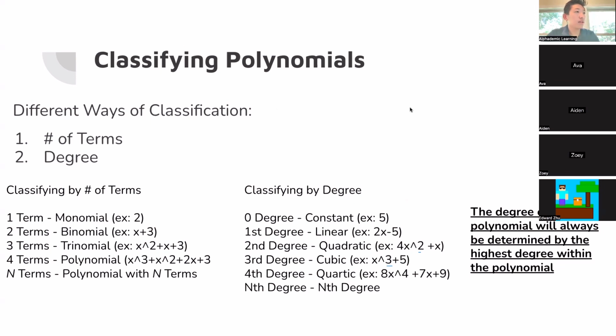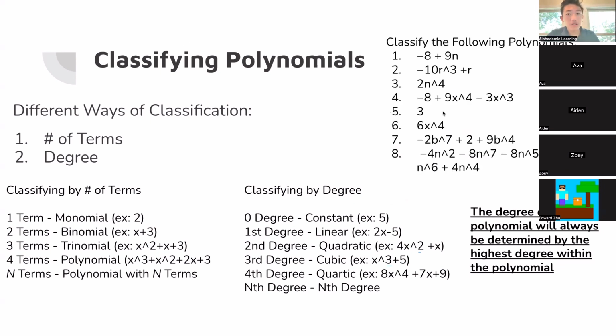All right. And then here are some quick problems. We'll take about 5 minutes. Just go through these and classify the polynomials. I'll do the first one. So for the first polynomial, it would be a linear binomial, meaning that because it is only to the power of 1, it would be first degree, meaning it's linear.